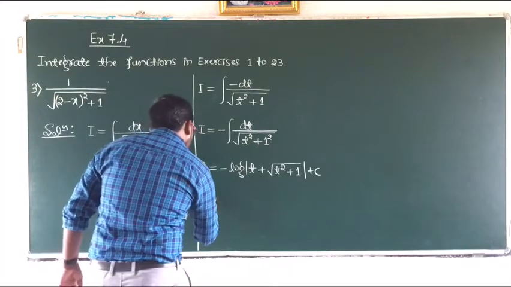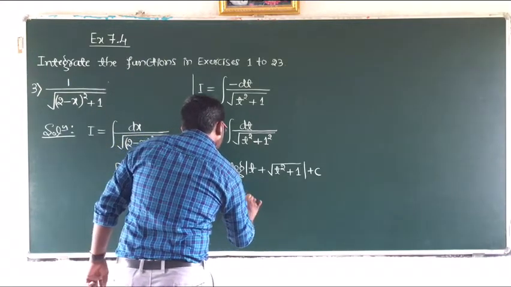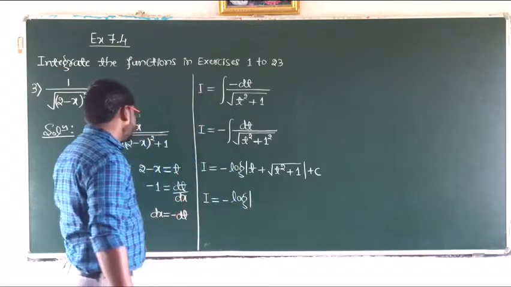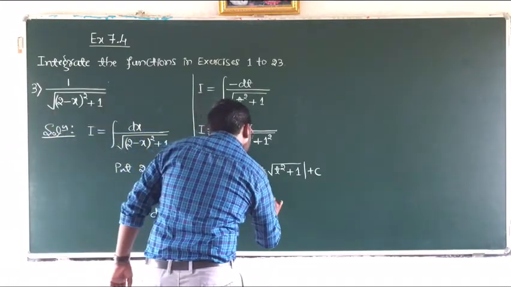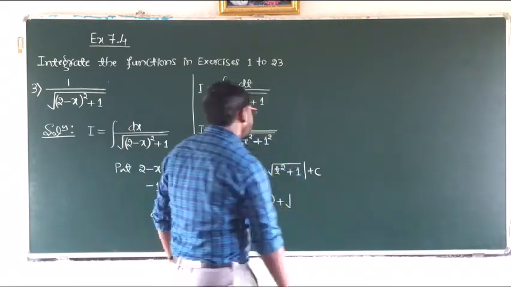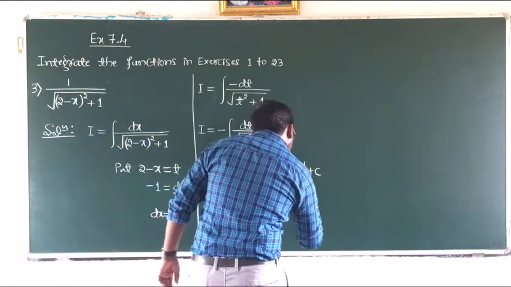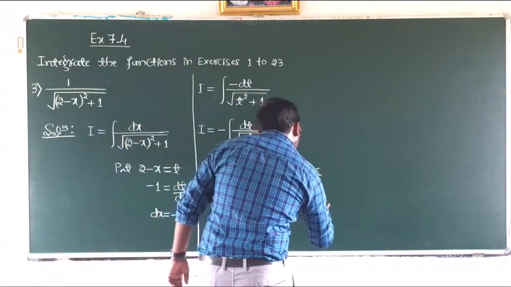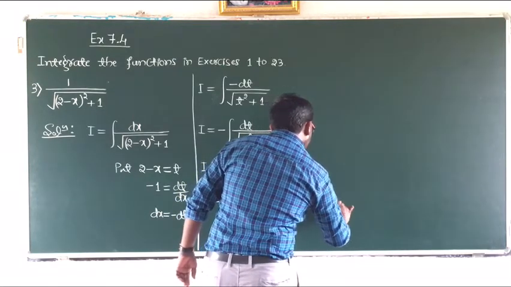I which is equals to minus log mod, what is t here? t is 2 minus x. It is 2 minus x plus square root of t square, that is 2 minus x the whole square plus 1 plus c.